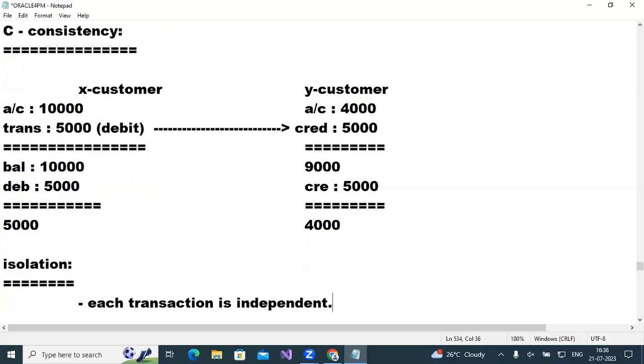How, sir? Now you can see withdraw is one separate transaction. Deposit is one separate transaction. Suppose you do these two transactions: first I go to the bank and deposit, and you get a deposit transaction ID number. Immediately I go outside and withdraw my money. First deposit, later withdraw.